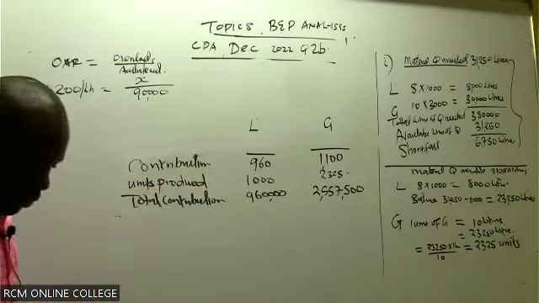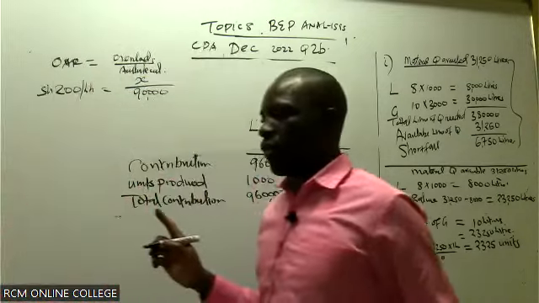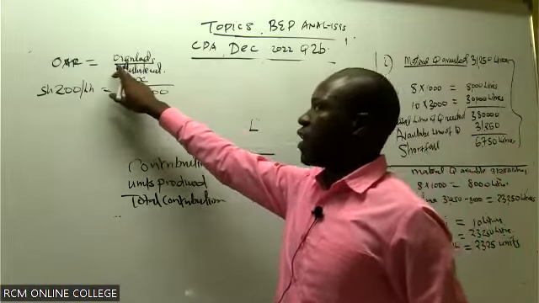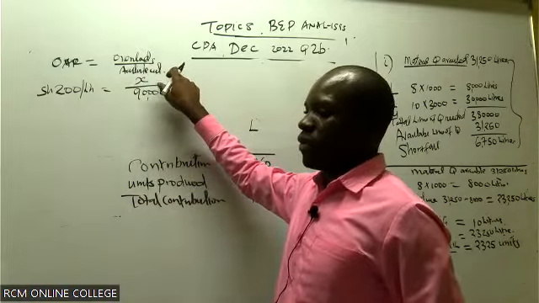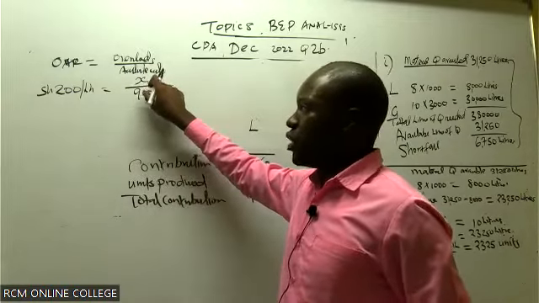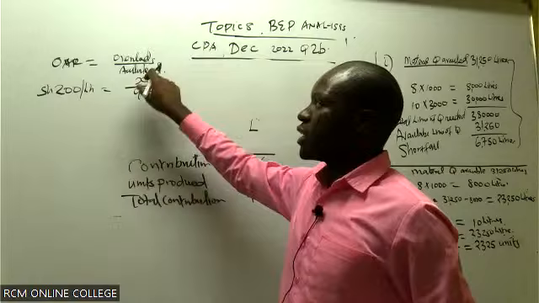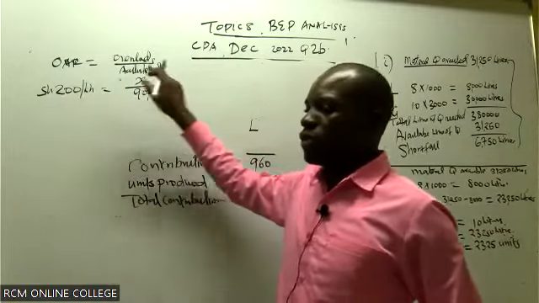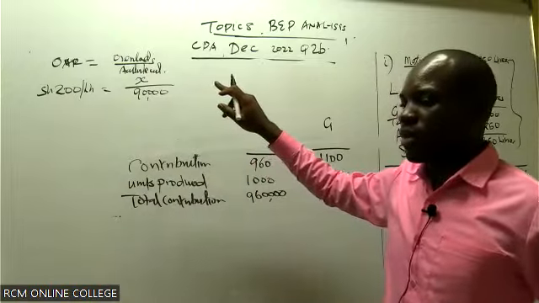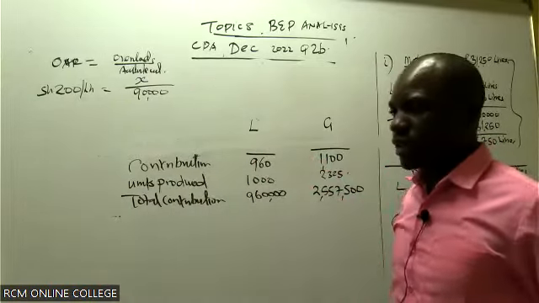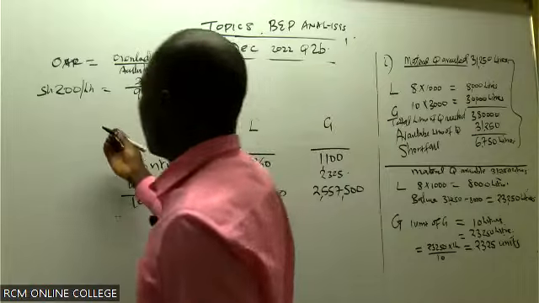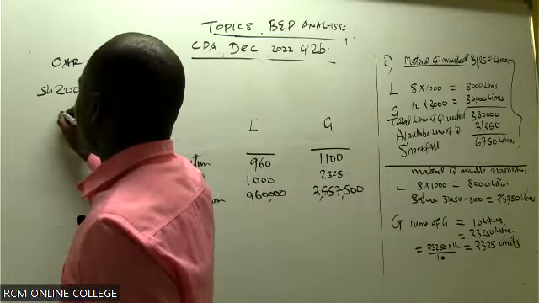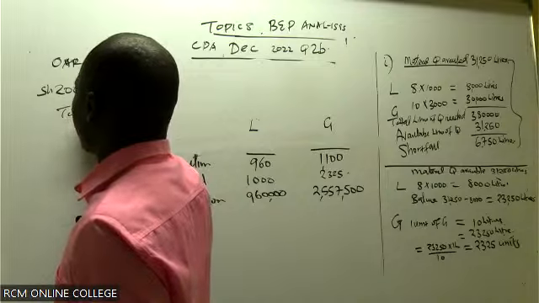Are we together? Are we seeing something back in topic number 4? Do we see something here? Total overheads divided by activity level. Our total overheads are unknown. We are given total activity level, which is labor hours, and we are given the rate. Is it possible for us to get X? Give me the value of X. Our X is basically the total overheads.